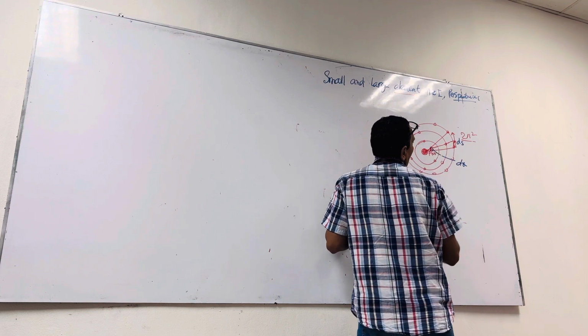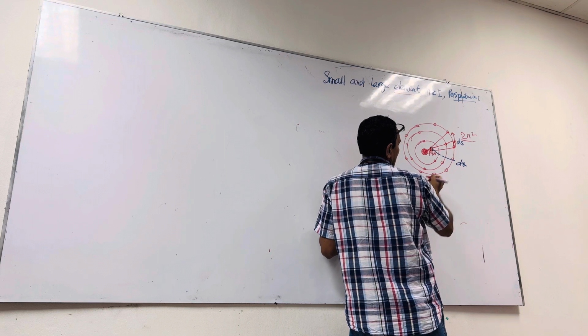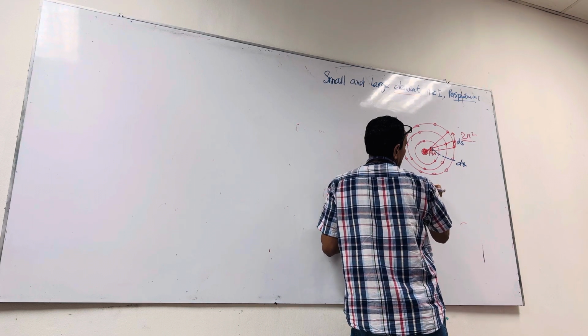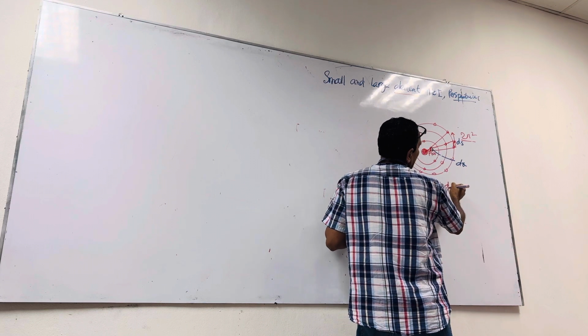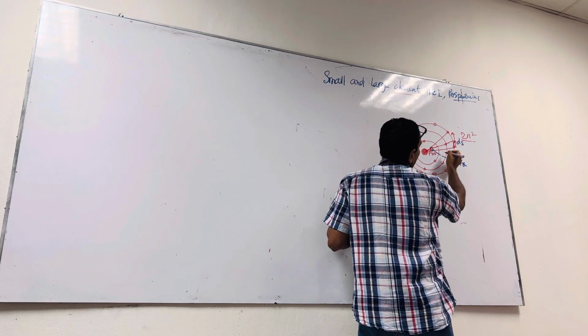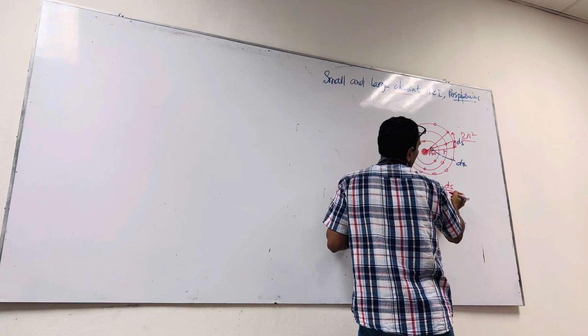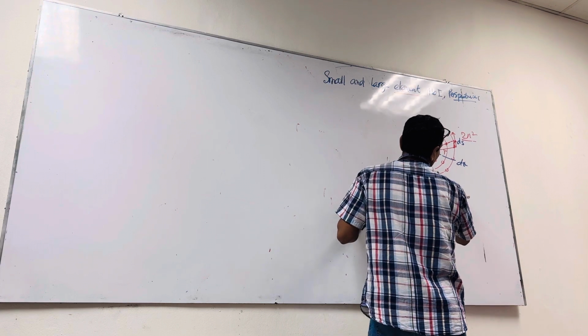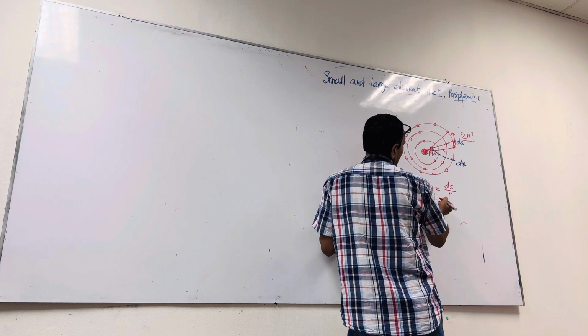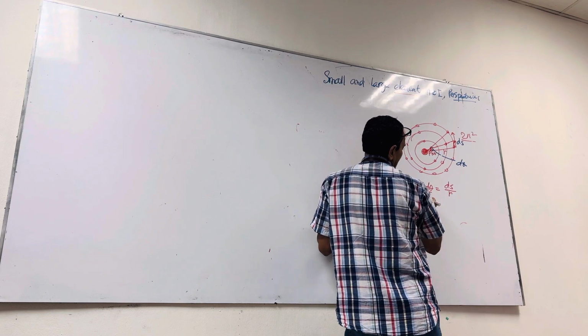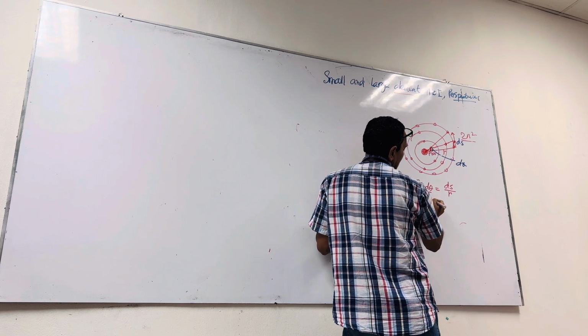So then we can write that sine del theta is equal to del S by R, where this is the radius R. If the angle is too tiny, then sine del theta is almost del theta.